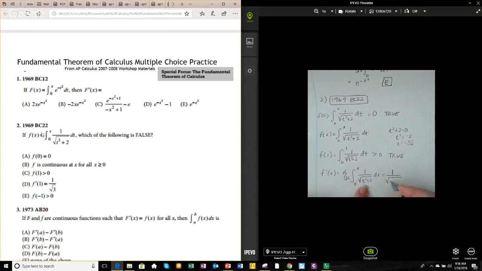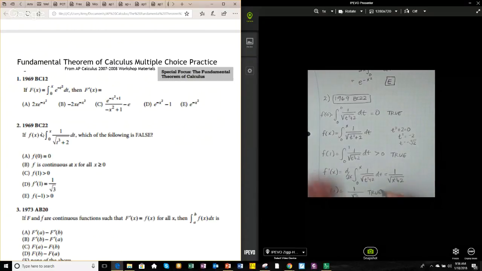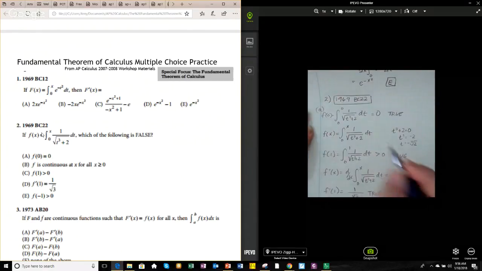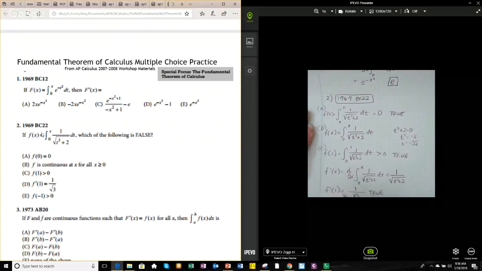So it's going to be 1 over the square root of x cubed plus 2. And f prime of 1 is going to equal 1 over the square root of 3, which is true. So this is A, this is B, which we're still thinking about. This is C, and this is D, which is true.